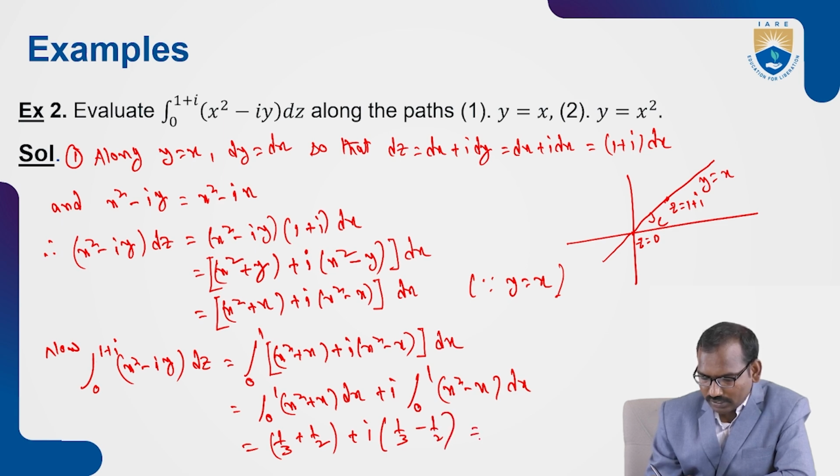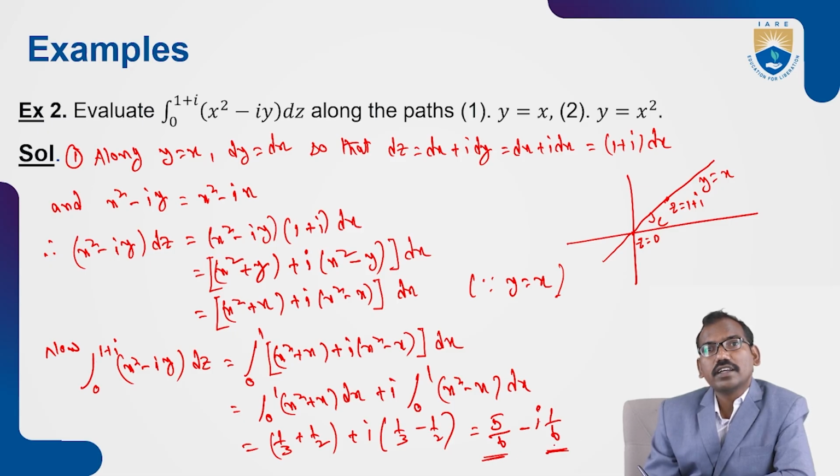So finally the real part will be 5 by 6 and the imaginary part will be minus 1 by 6. This is the required answer.